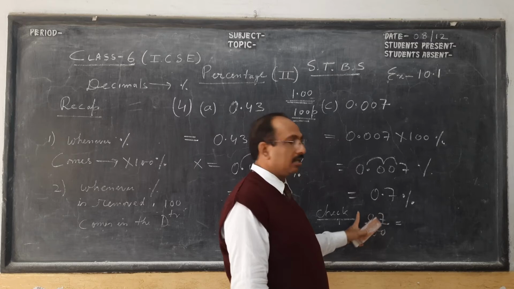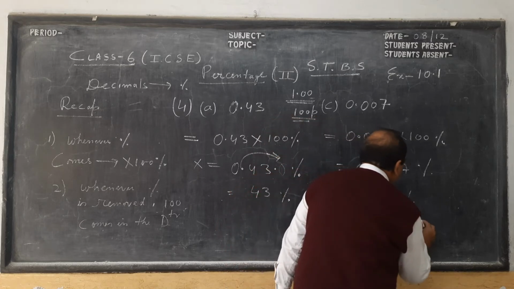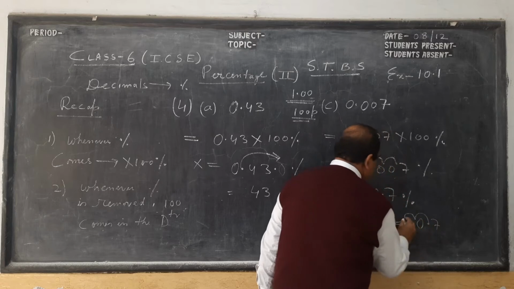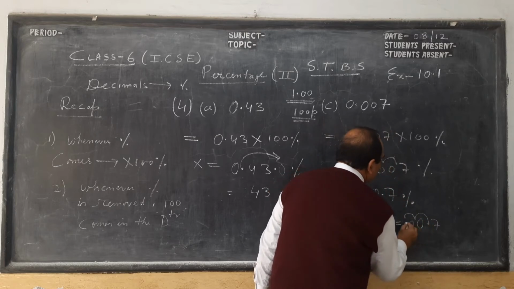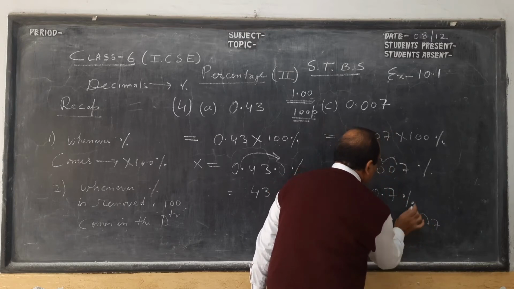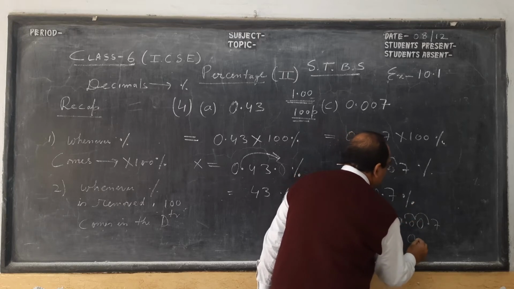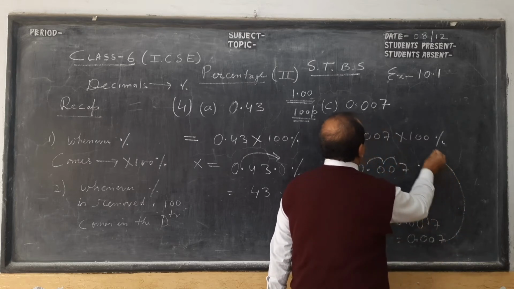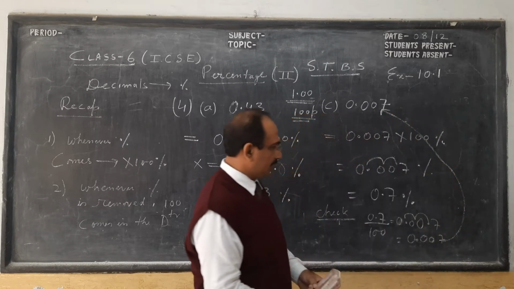So decimal will come towards left. So this 0.7, 1 place, 2 place, 100 has 2 0. So decimal will come here and we put another 0 to highlight this. So we get 0.007, which is my question, children, if you see.